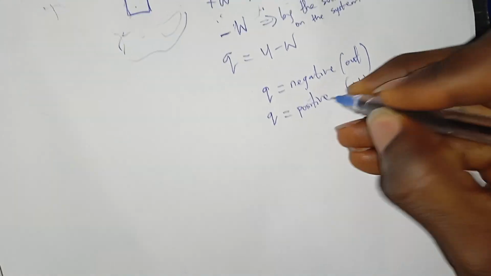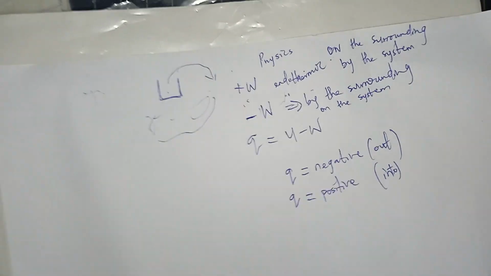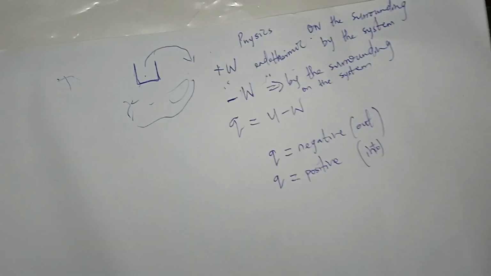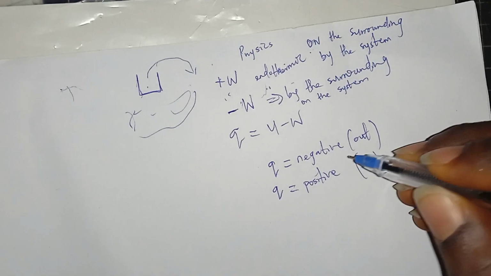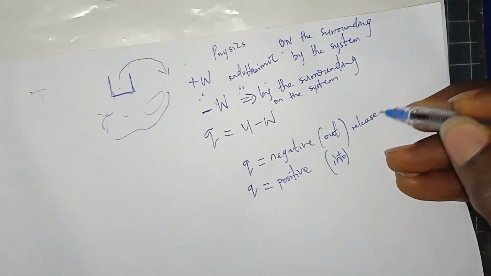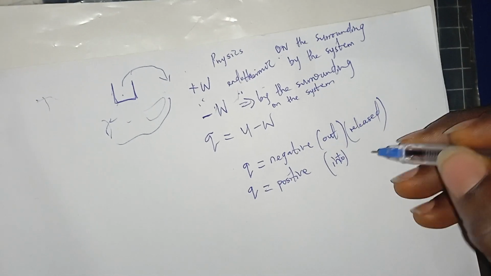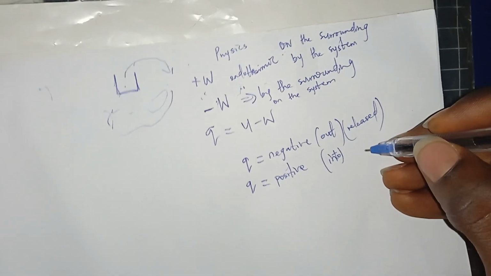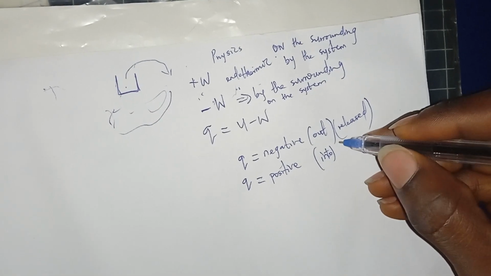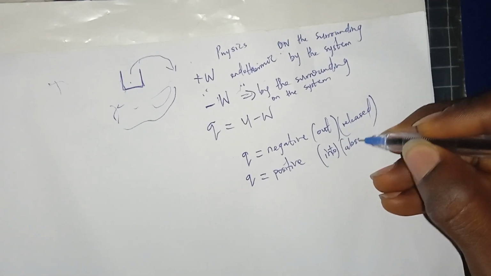So a question can come, they ask you what are the conventions of Q and W when heat is absorbed and heat is released. So when heat is going out, it means released, and into means absorbed.